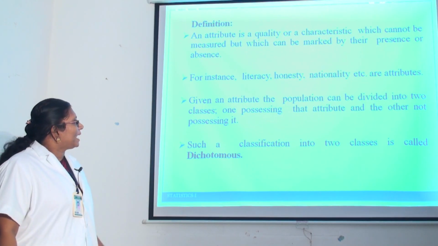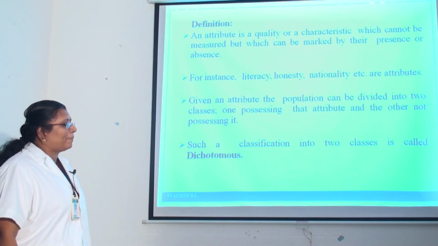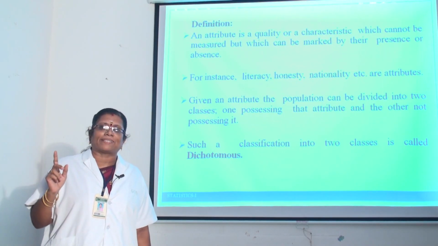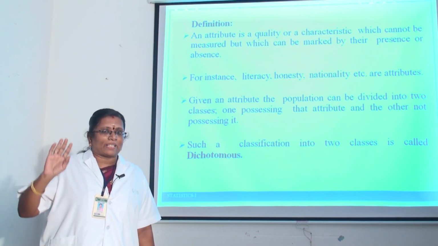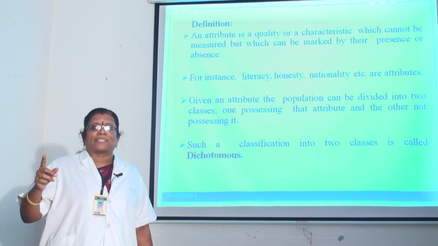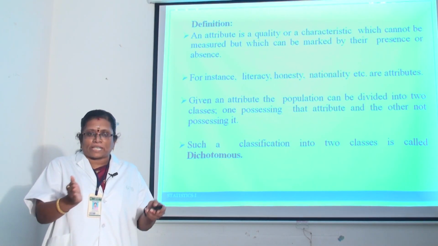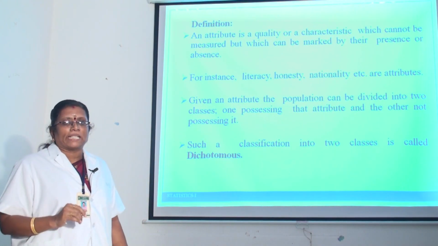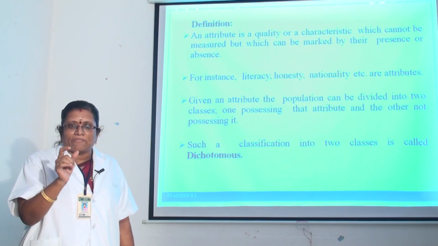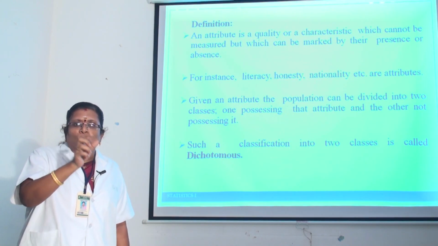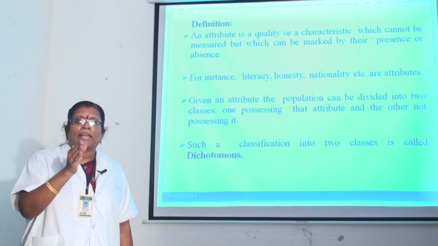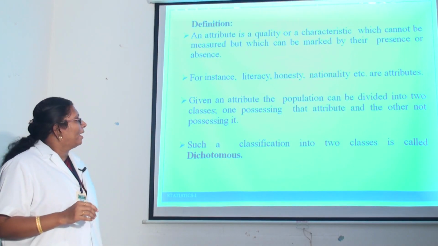Given an attribute, the population can be divided into 2 classes. It is not high class and low class; we are simply dividing into 2 classes, one possessing and another non-possessing. Suppose a population is given, we can split it into two classes, one possessing and another non-possessing.